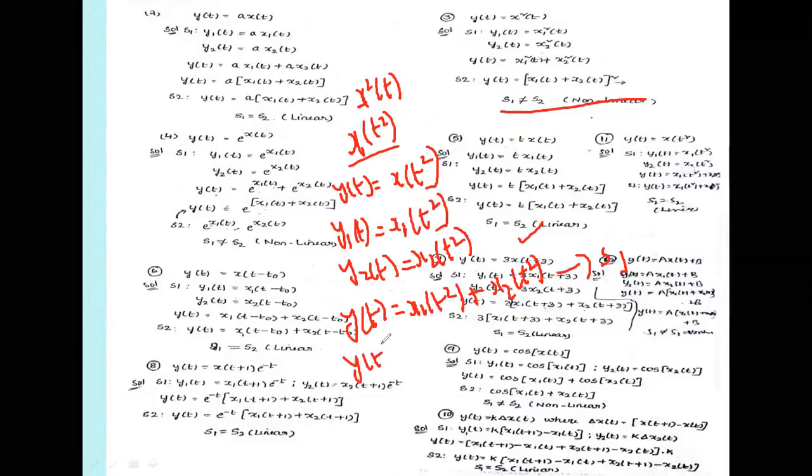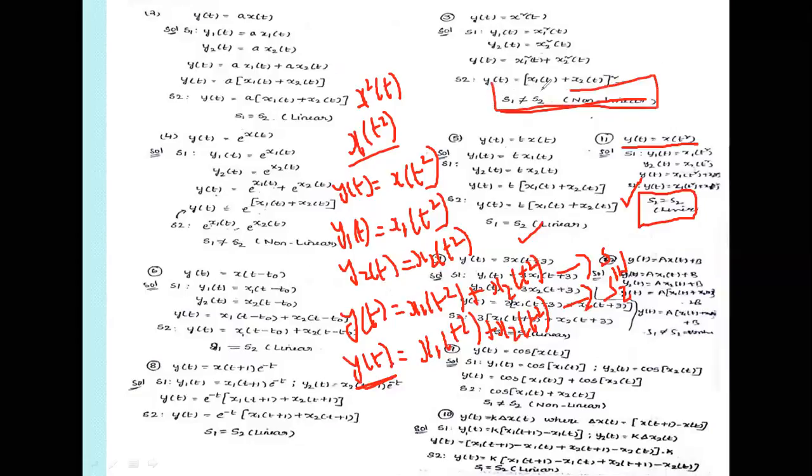And for y of t, before giving to the system, we can add the two functions, that is x1 of t square plus x2 of t square. That passes to the system to get the response y of t, which is S2. So both are equal, and that system is a linear system. So what is that? y of t is equal to x of t square. But x square of t is a non-linear multiplication here. x square of t is a non-linear function. Got it?